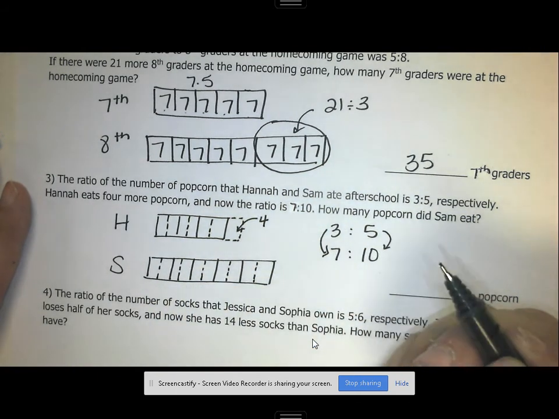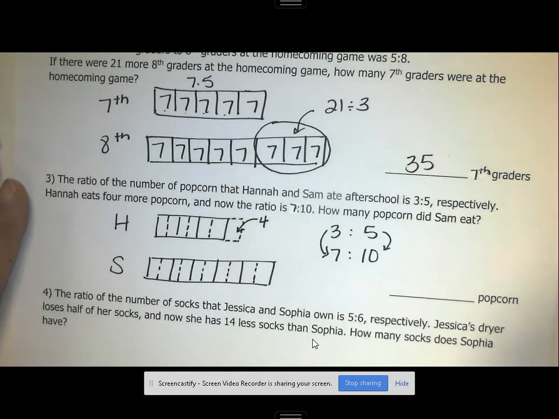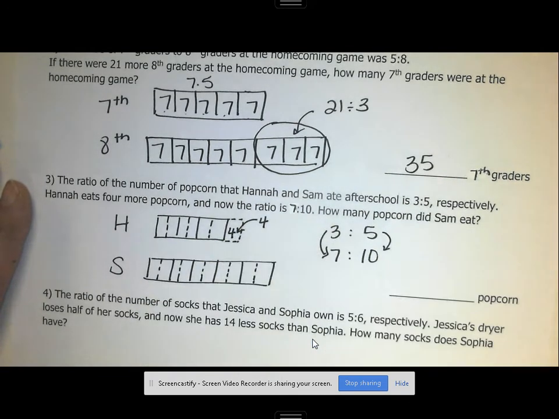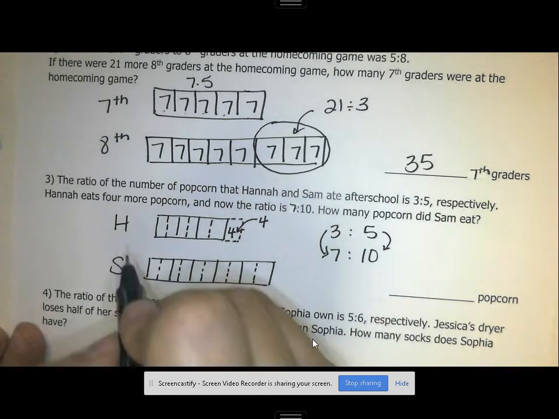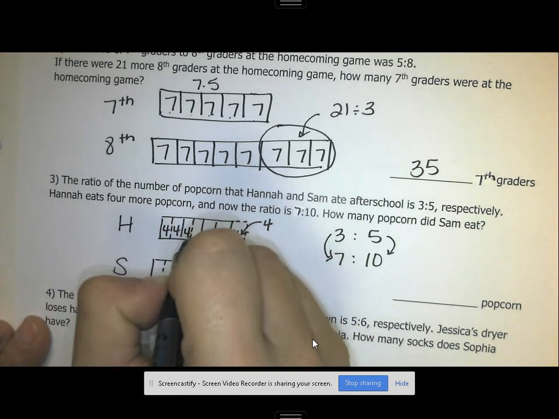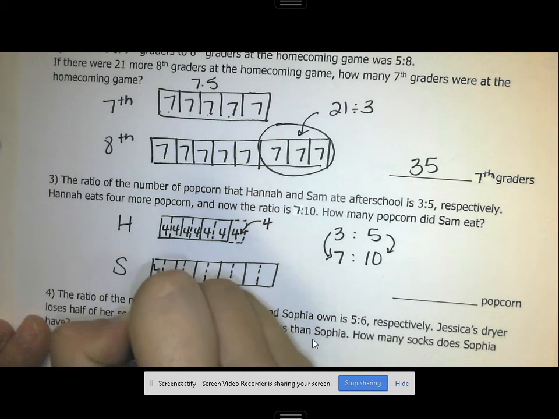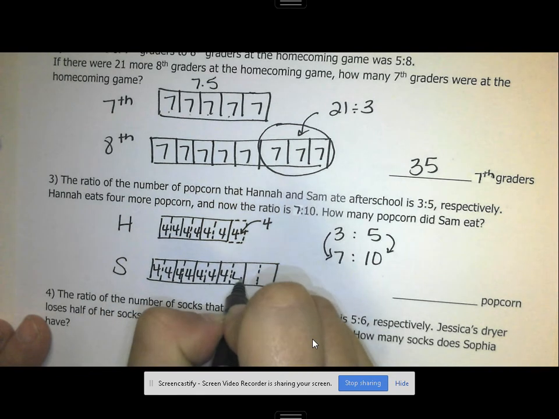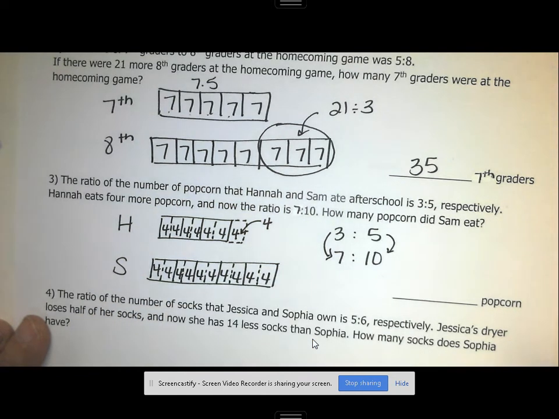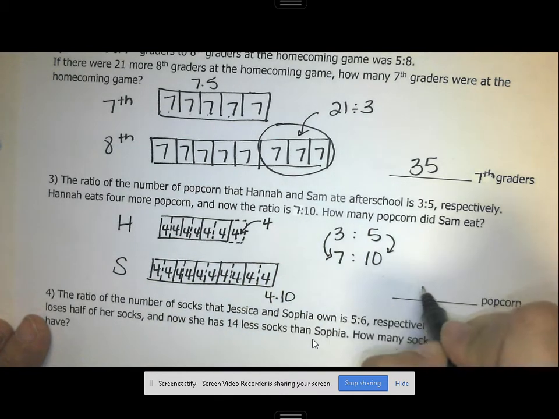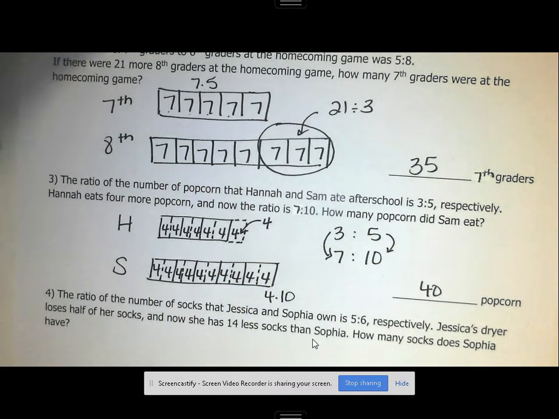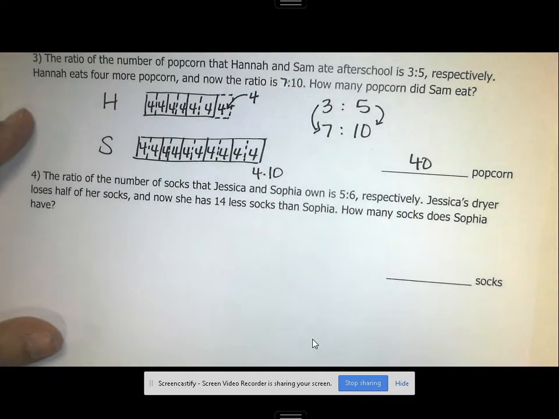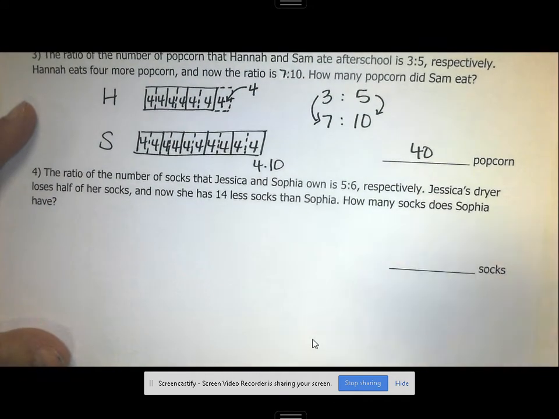So that extra box I had to make for Hannah has to be the 4 extra pieces of popcorn she ate. So that number 4 has to go into each of the boxes. How many popcorn did Sam eat? Well, 4 times 10 is 40. Sam ate 40 popcorn.